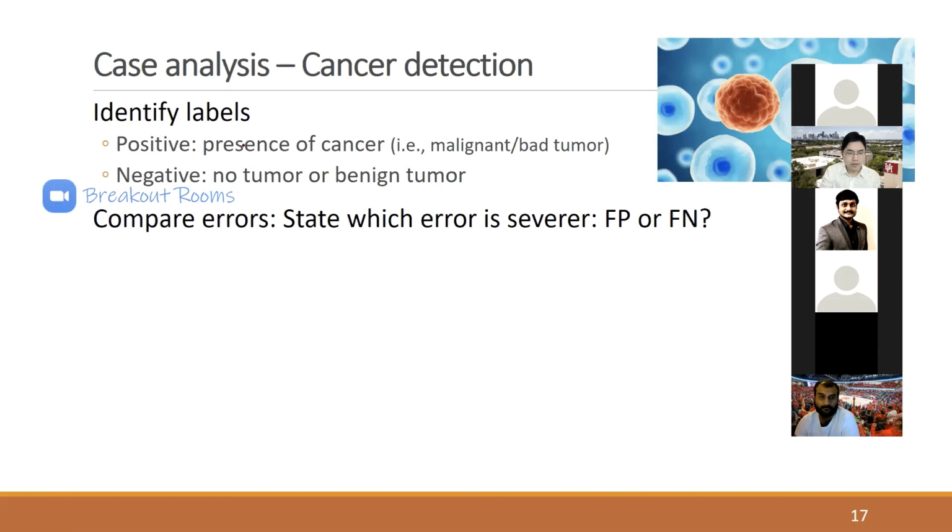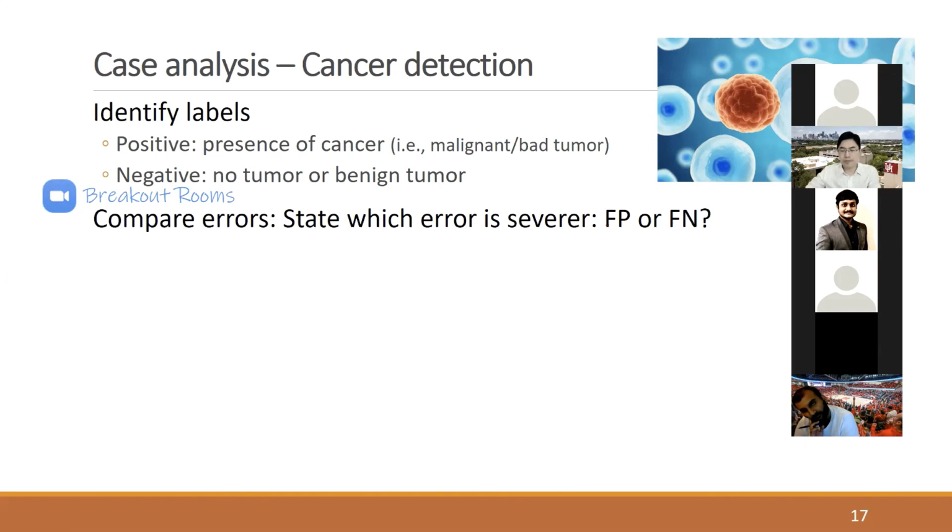Okay, so after clarifying the two labels, you would compare the two errors. There is a false positive error and false negative error. Interpret the error in the context of the case analysis and determine which error is severer, which error is more costly, in terms of money or in terms of whatever is valuable to life, right?